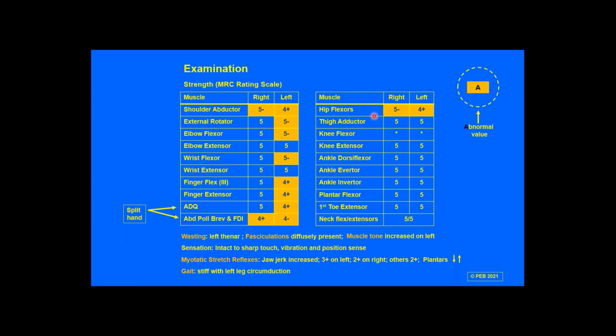In this case, he's got a little bit of weakness in the hip flexors, which is quite typical. And we see fasciculations diffusely, wasting in the left thenar, not surprising with this level of weakness, and the tone being increased. The myotatic stretch reflexes are increased, including the jaw, and basically more on the left than the right. There is some stiffness in the leg with circumduction, and an upgoing toe or Babinski sign on the left.